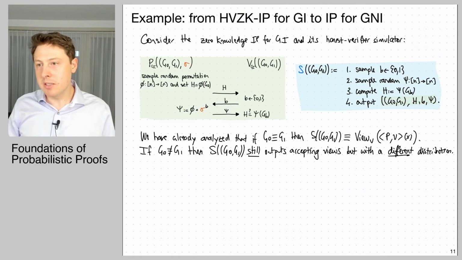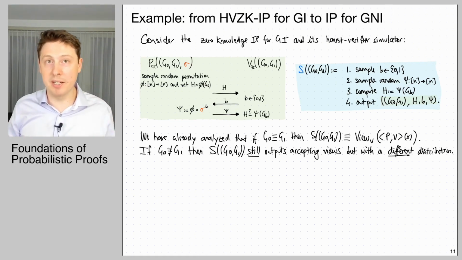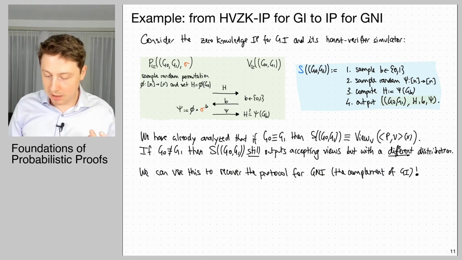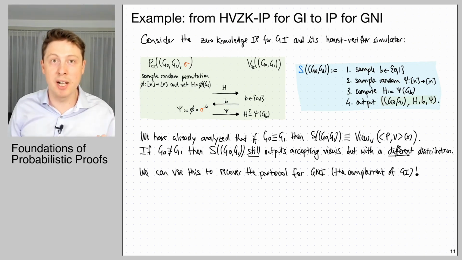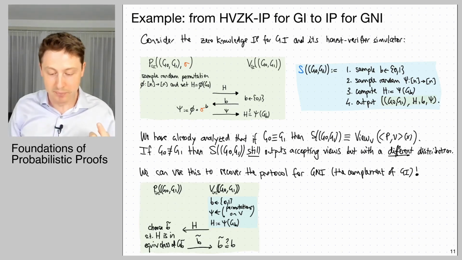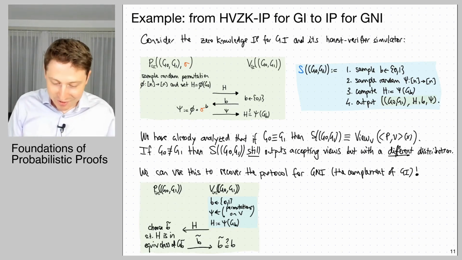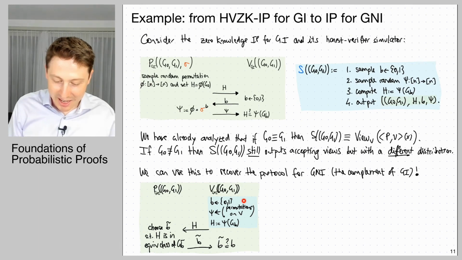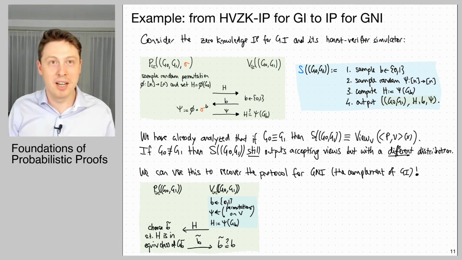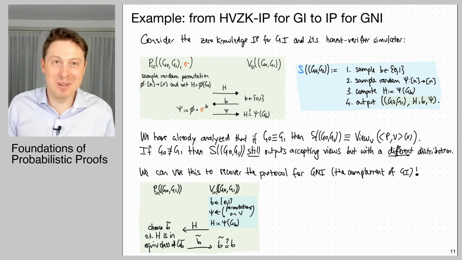And in the prior slide, I argued that because of this, it tells us something about the complement of L. But wait a second, we had an interactive proof for GNI. It was this one. And if you look, the first lines of this proof are actually the code for the simulator, which is really weird.